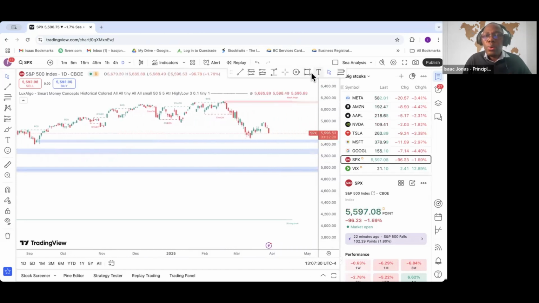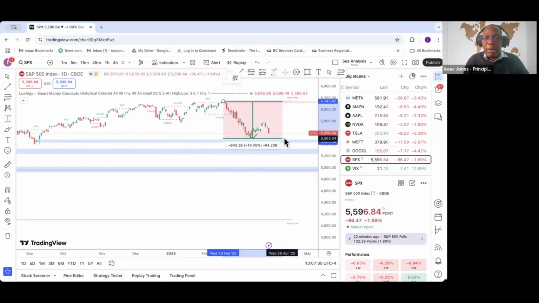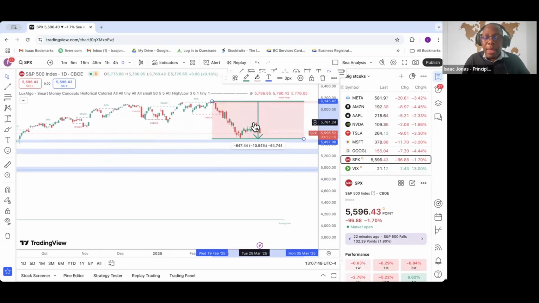But if we look at how it has dropped, at some point the S&P 500 dropped by 10.54% from the high, it retraced a little bit up, and now it's on a downward trend. I'm going to share my thoughts as to what I think is causing this. But one thing that is apparent is the tariffs.